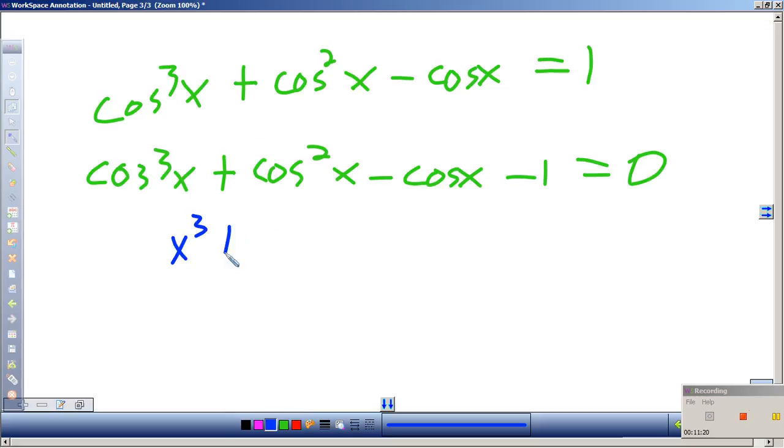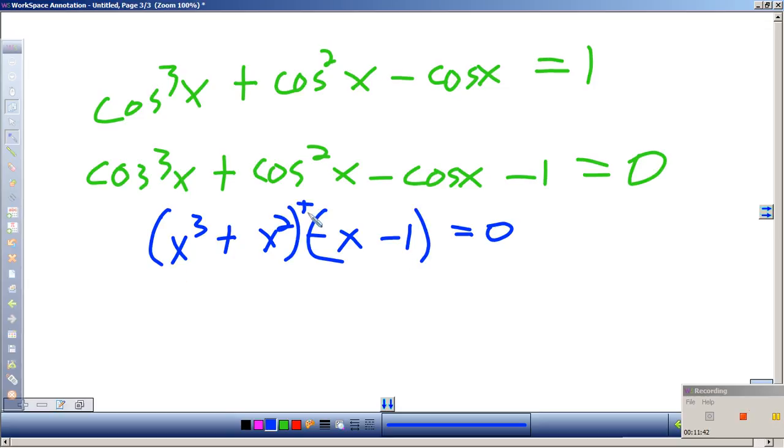If you had x cubed plus x squared minus x minus 1. Here, group it, and I'm going to put a plus between them. Does that look familiar?